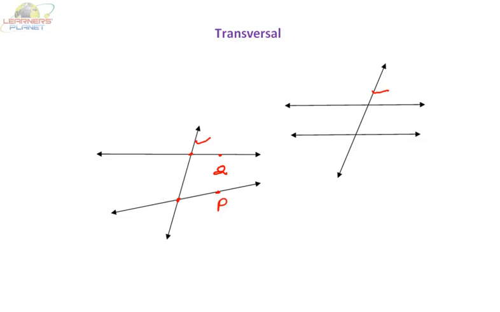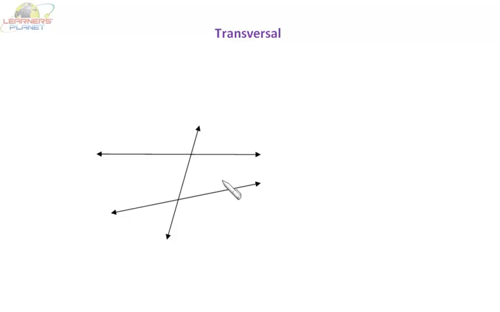So let's discuss them one by one. Now here we see two lines and this is a transversal that is intersecting both of them. Now when a transversal cuts two lines, 8 angles are formed, and we have given some special names to these angles.